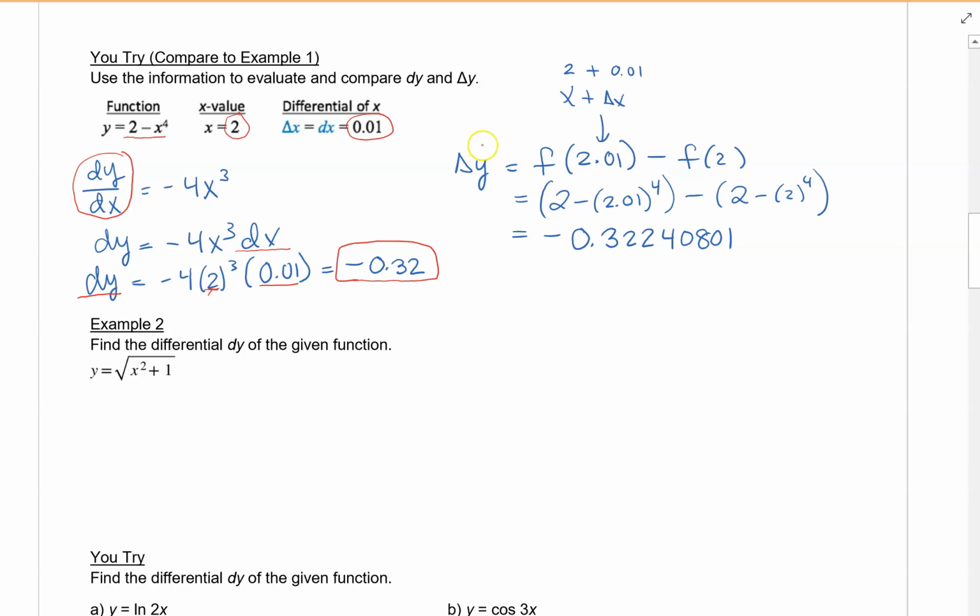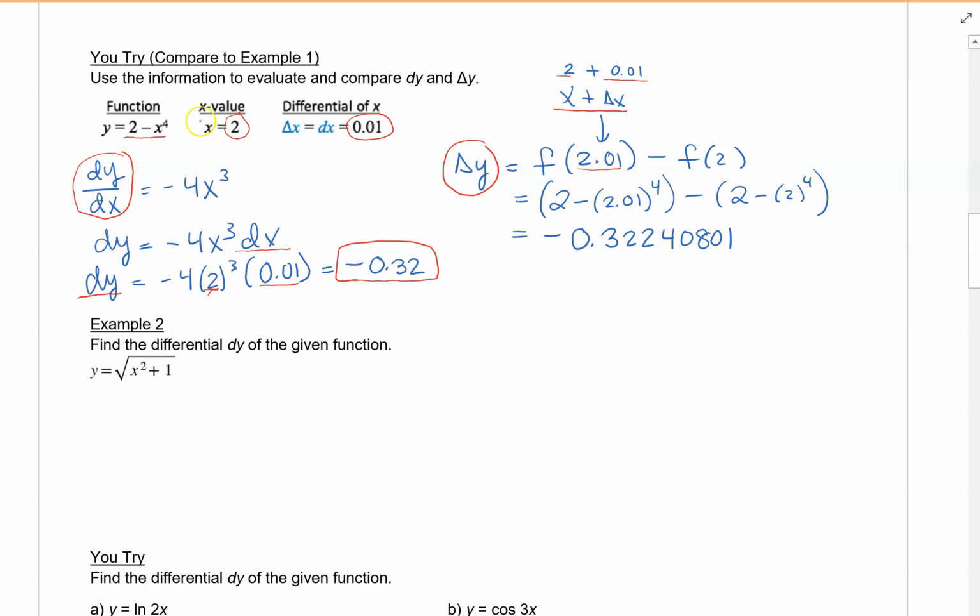Then if we find the actual delta y, we can see that it is very close. First of all, I get 2.01 because I'm looking at my next x value, which has moved to the right 0.01 from 2. So it's 2 plus 0.01, or 2.01.